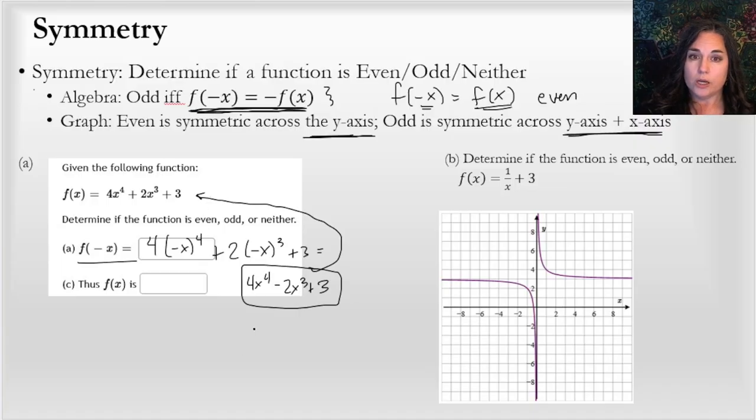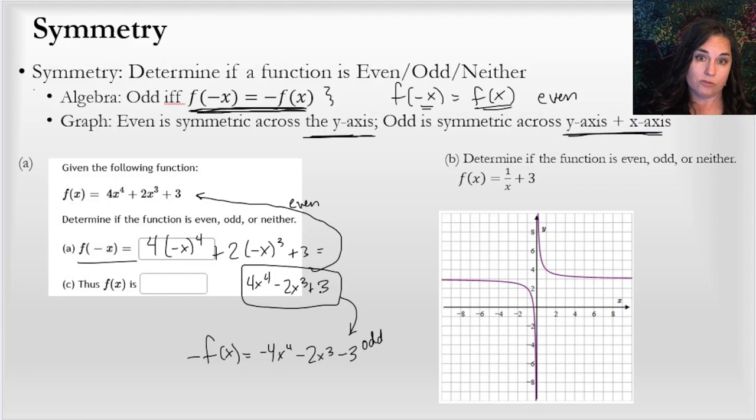If I take negative f of x, I get negative 4x to the 4th minus 2x cubed minus 3. If this equaled this, then it would be odd. If this equaled the original function, it would be even.